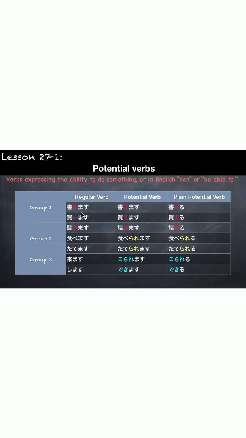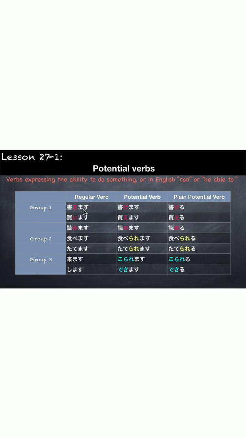For example, 書きます, which means to write. Change the ki syllable to ke, so it becomes 書けます, be able to write or can write. For plain potential verb, we change it to 書ける, so the ます becomes る.